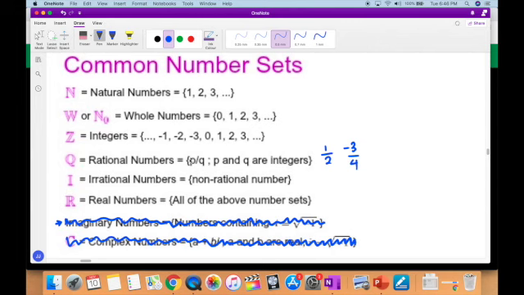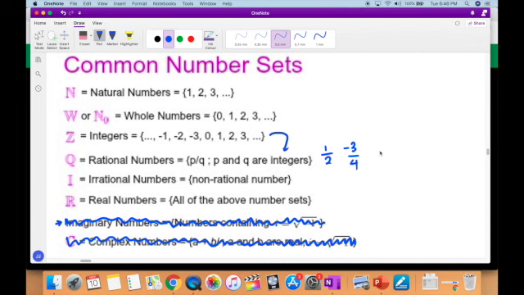In order for integers to be a subset of rational, that means that inside of here I need to have integers. So do I have any integers? Can integers be expressed as a fraction? Yes.